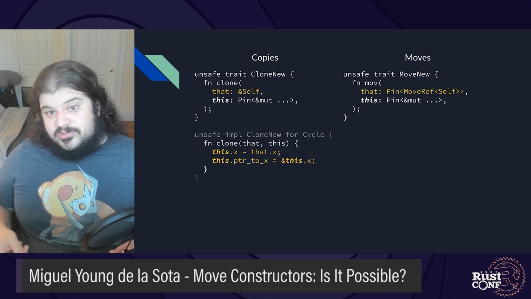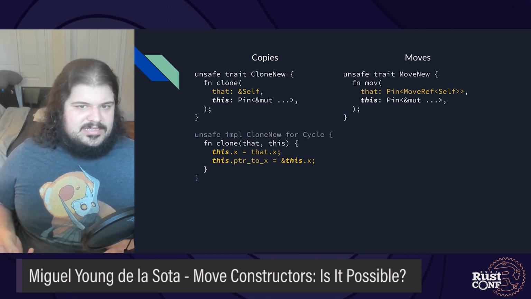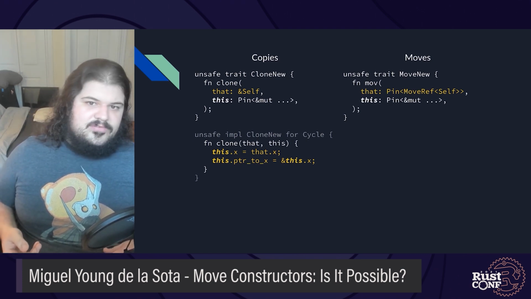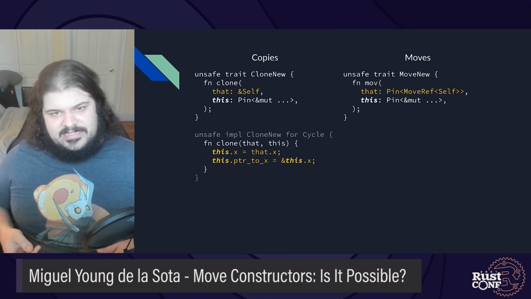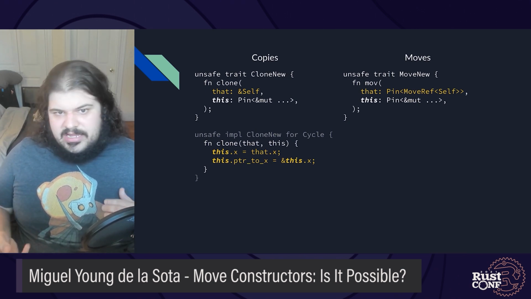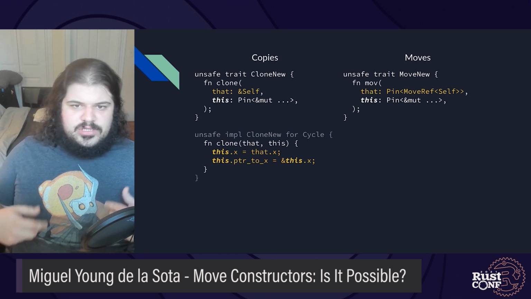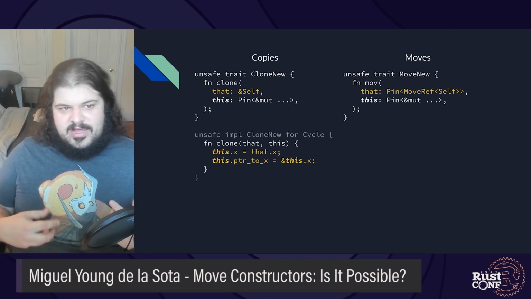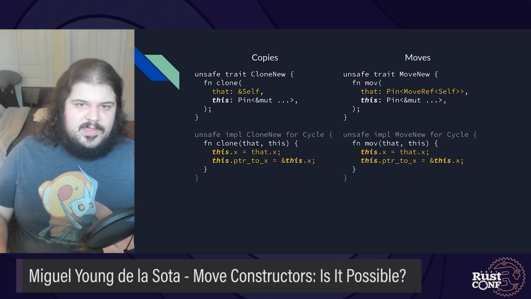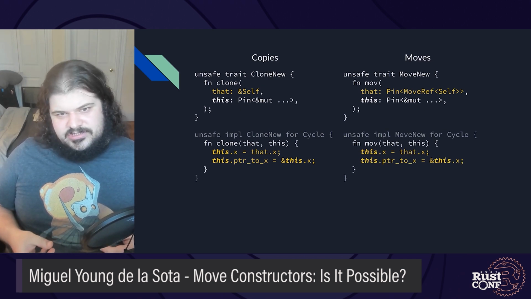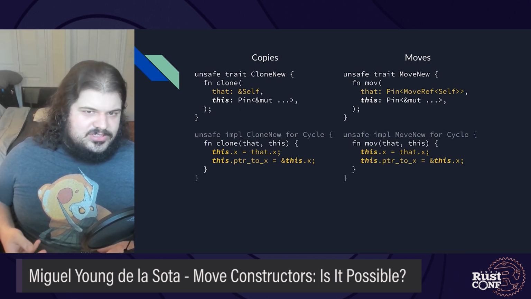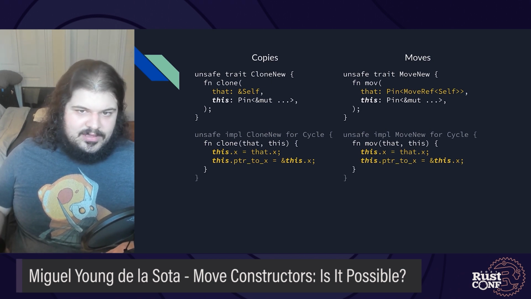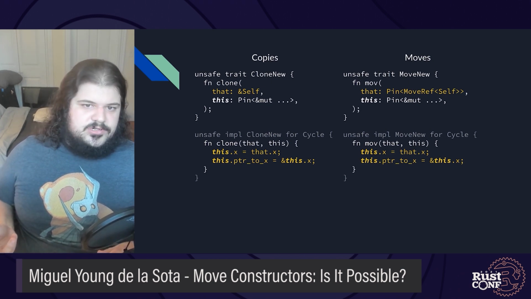We can define move constructors analogously by replacing the source with a pinned MoveRef. Pinned because that's what in place means. Unlike CloneNew, MoveNew consumes the source, and that's why it takes a MoveRef. However, the implementation is almost identical, and it reveals the true nature of custom moves. They're just copies that consume the source.